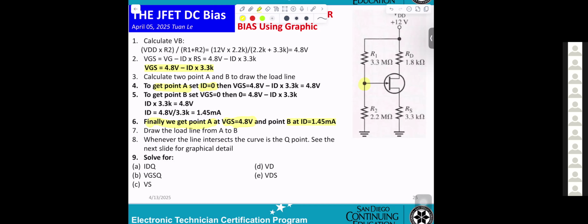Then VGS equal VG minus VS. So they will be ID times IS, that means VS. VGS equal VG minus VS, that gives you 4.8 volt.